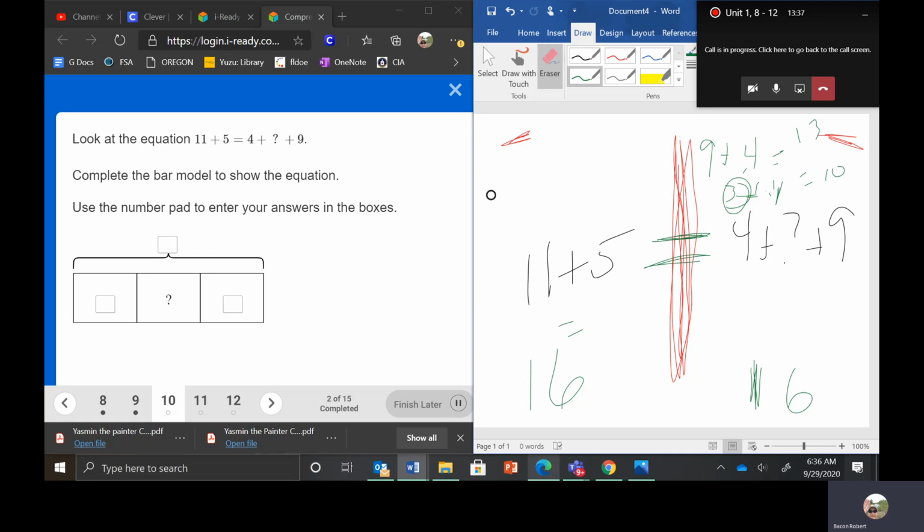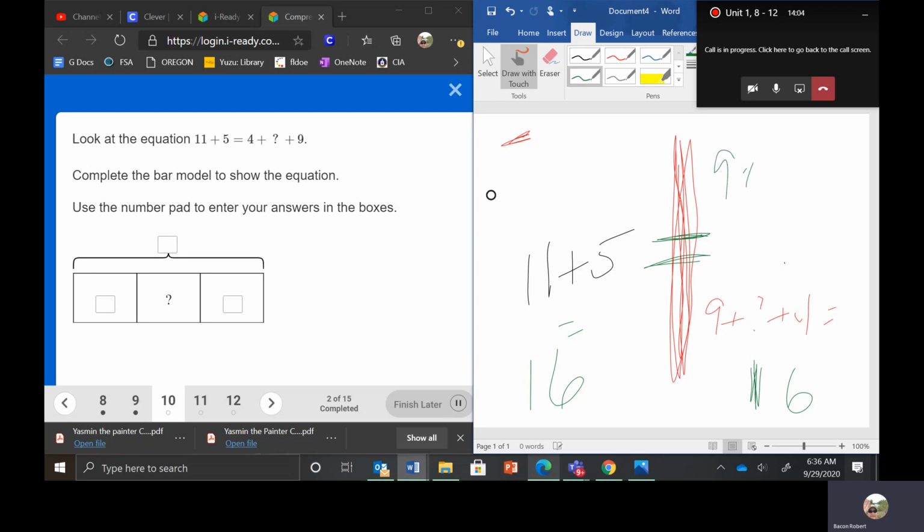So let me show you that again because it's very messy over here. I apologize. Okay. So our mystery number is 9 plus something plus 4 equals 16. So let's do our 9 plus 4.